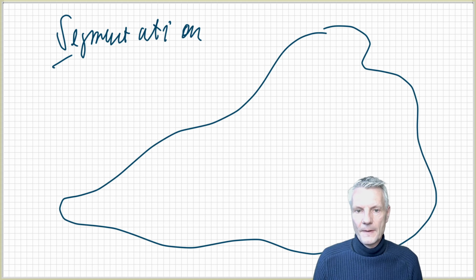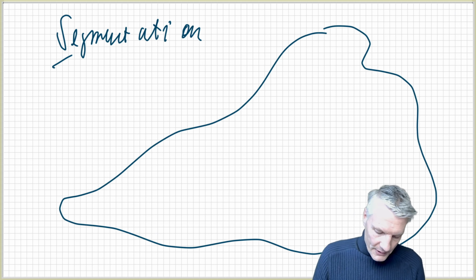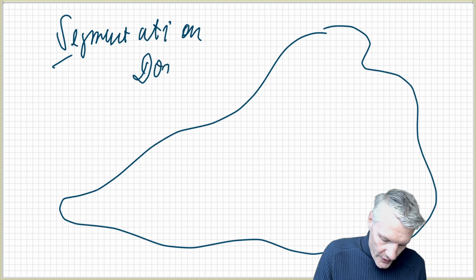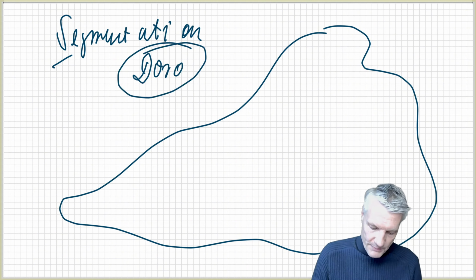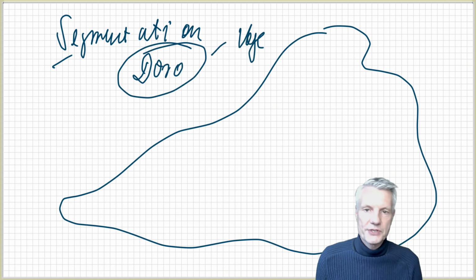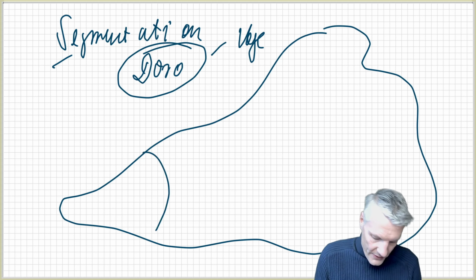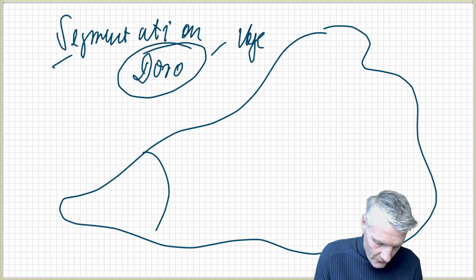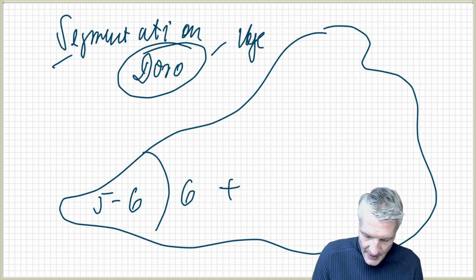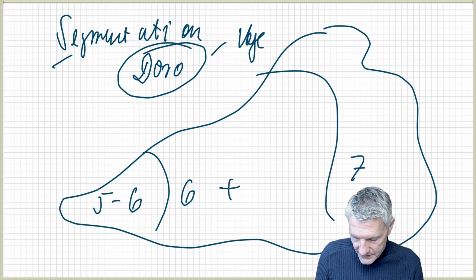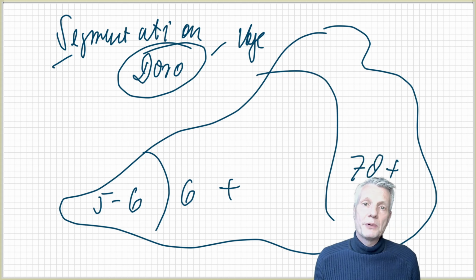Very simple example, Doro, they are doing mobile phones for all people. They segmented the market for mobile phones based on just one criterion, which is age. They say, okay, maybe there's a market for very small children, 5 to 6, 6+. But then they say, what about 70+ people? What about the people in this world being 70 years and older? Do they want to use an iPhone, or what is their problem with a mobile phone?